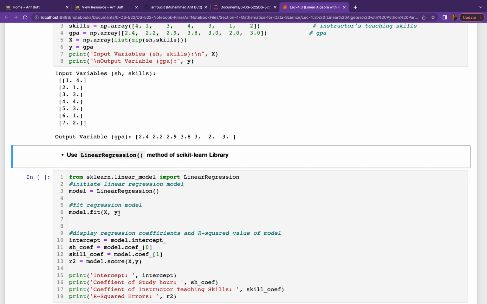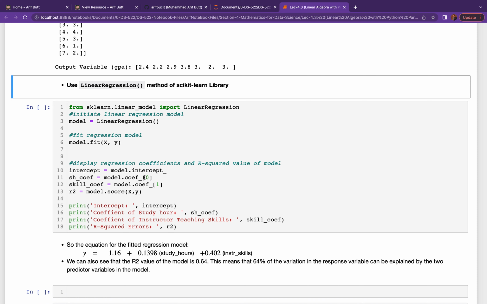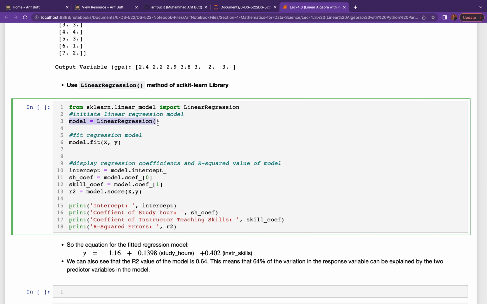So great. My dear students, over here this time I have used the linear regression method of the scikit-learn library. We'll talk about this in detail in our machine learning module, inshallah. For the time being, just review the code. First of all, to initiate a linear regression model, we have used the linear regression method, which uses ordinary least squares linear regression, OLS.